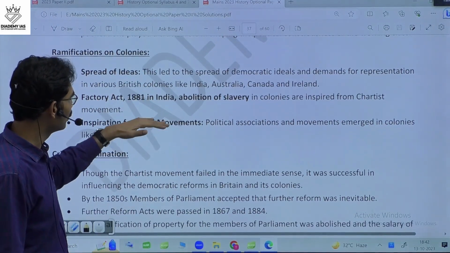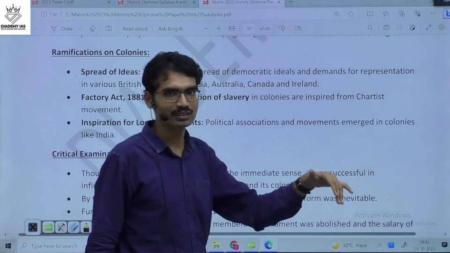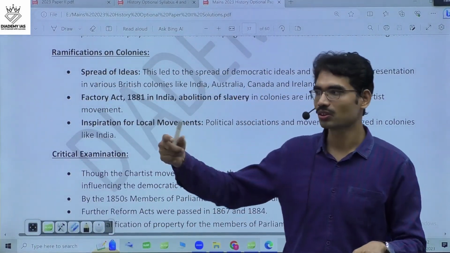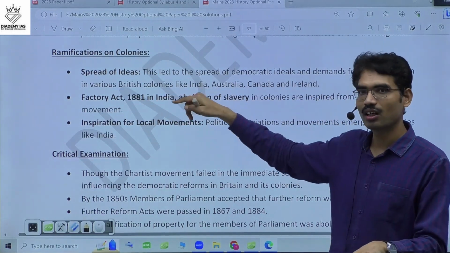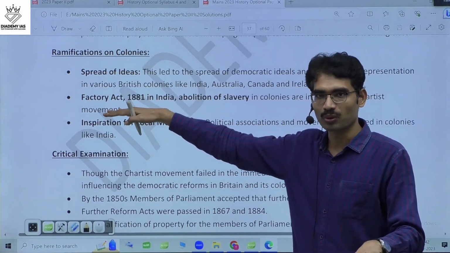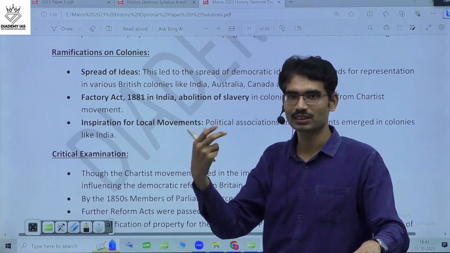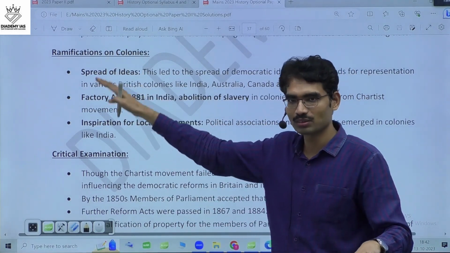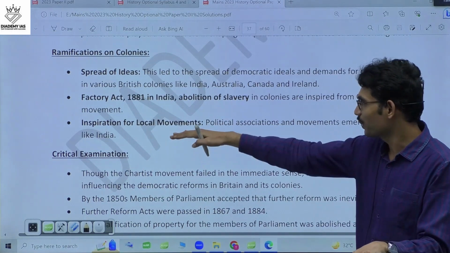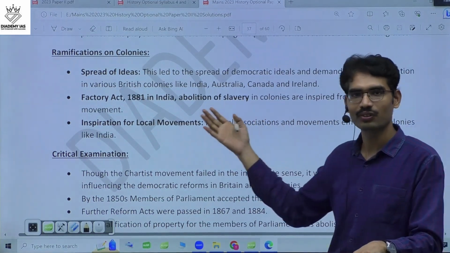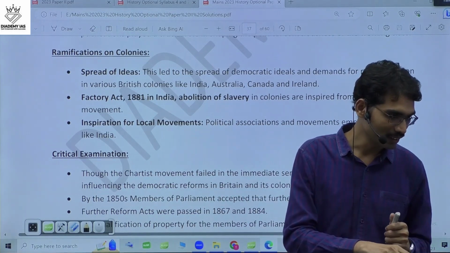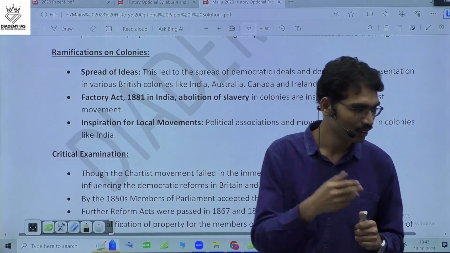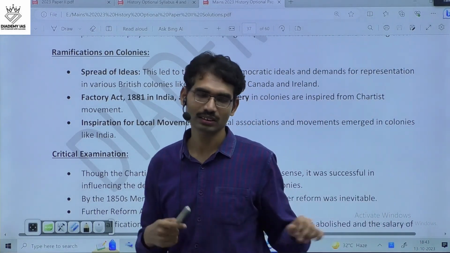In India also, when the Factory Act was passed, working conditions also tried to improve. So whatever limited decisions they took, still these movements had an effect. Inspiration for labor movements in different parts of the world, including India. Right to contest elections: yes, in present day conditions, the right to contest elections.